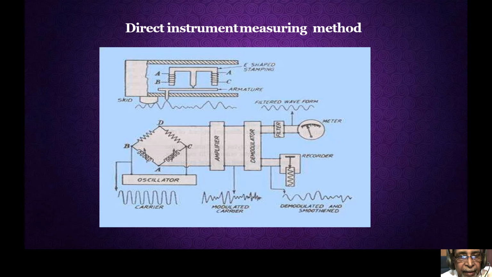Armature winding is here, and this consists of an oscillator, one amplifier, another demodulator, and so many things are here.